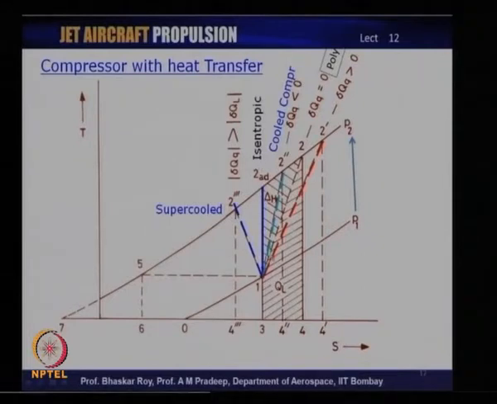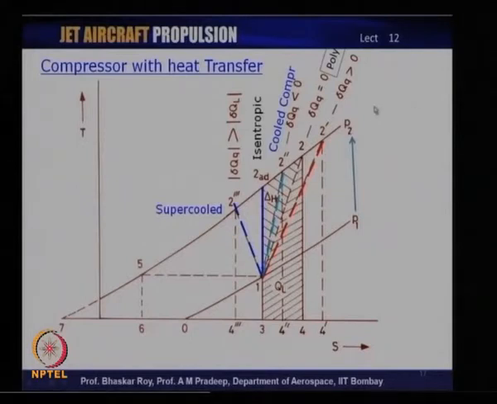On the other hand, the red line 1 to 2 is the polytropic process, where heat transfer across the process is still 0. So, it is a polytropic process where there is no heat transfer. Isentropic process of course, has no heat transfer anyway.